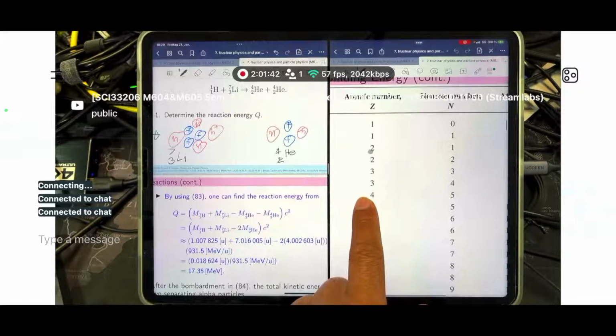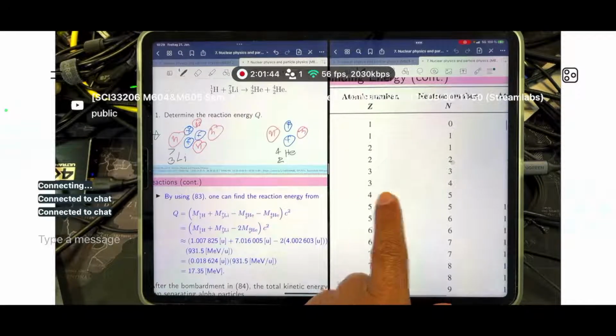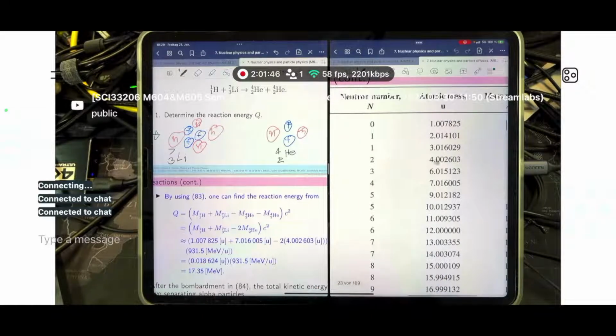This is helium-3-2, this is helium-4-2. We pick up this value, 4.002603. But since we have 2 pieces of the particle, we have 2 times that number, 8.005206.